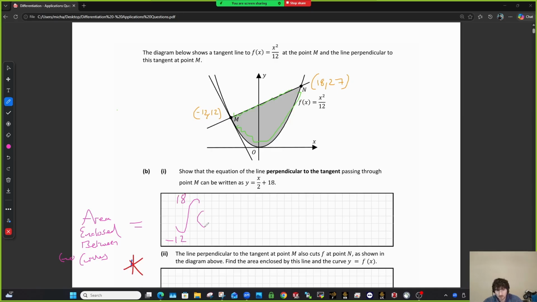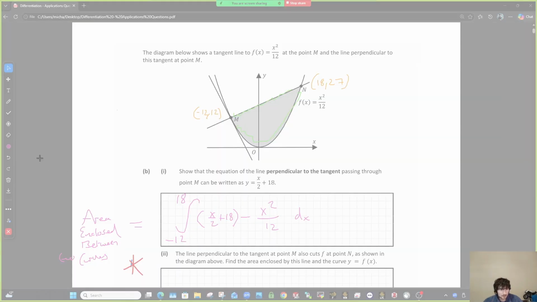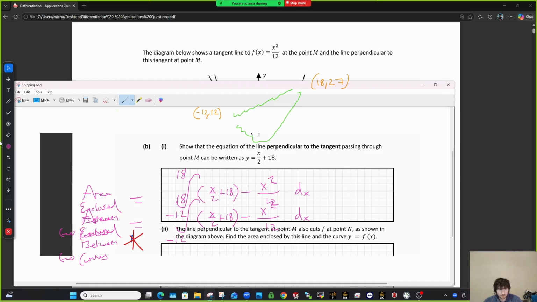Okay, and we're going to integrate, basically, the taller graph is this function here. So we go x over 2 plus 18, take away the lower curve, which is this, which is x squared over 12. And all of that is with respect to dx, okay? So that is what we're looking for. And when we basically integrate that, we're going to get our answer. So what I'm going to do is I'm going to make some room for myself here.